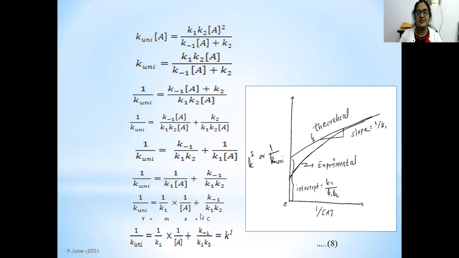Again, I rearrange this equation in the form of y equals mx plus c, that is 1 upon k uni is equal to 1 upon k1 into 1 upon A plus k minus 1 over k1 k2, as it is.